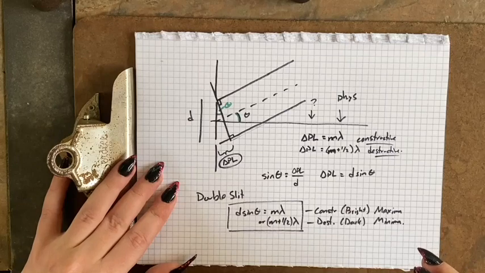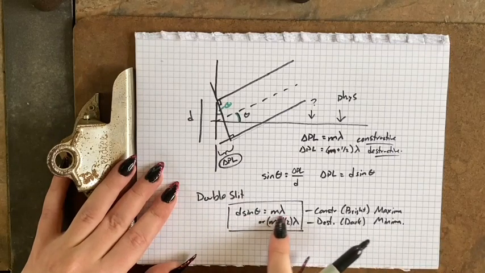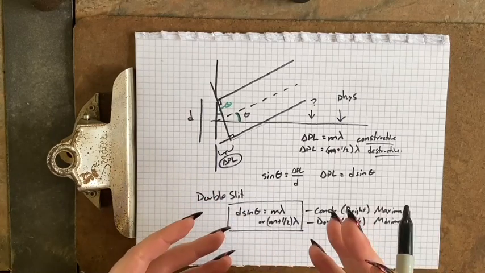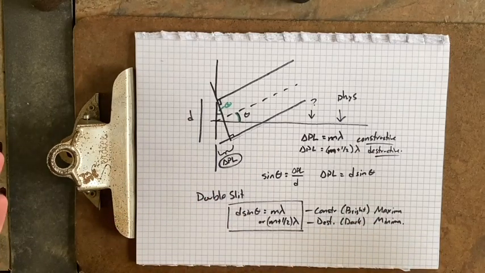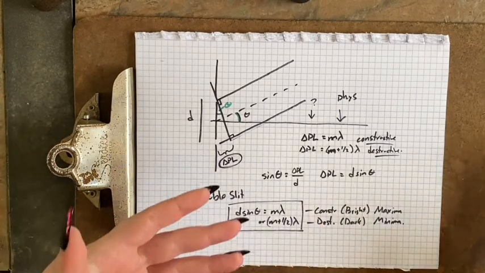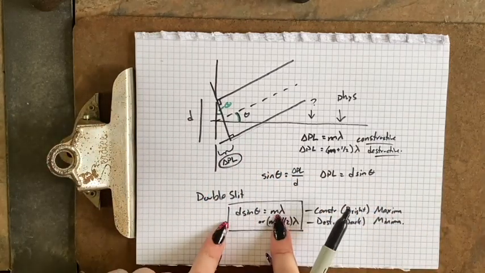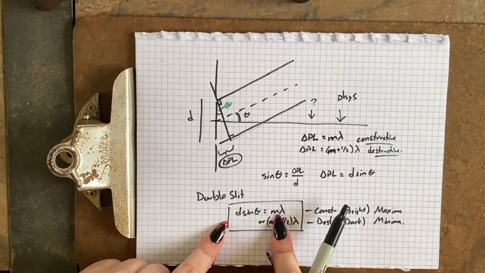Things that I like to do, I always just use this formula. Because when I look at this and I see a 0.5 on it, I know that means it's destructive. So maybe you're working this through and you want to find out, is a problem at a location going to be constructive or destructive? You say, I don't know. Do this version of the formula and just see what the number m equals at that point.